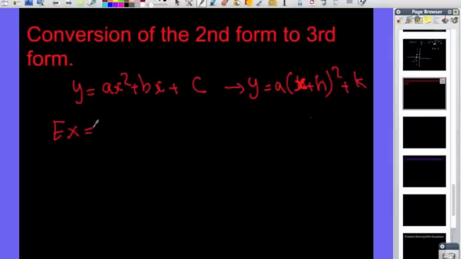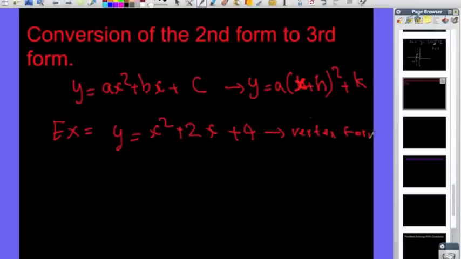Here, if we have y equals x squared plus 2x plus 4, and they ask us to write it in vertex form, you basically use the completing the square method, but we don't have the other side of the equation, so you just skip it and do it on the same side.